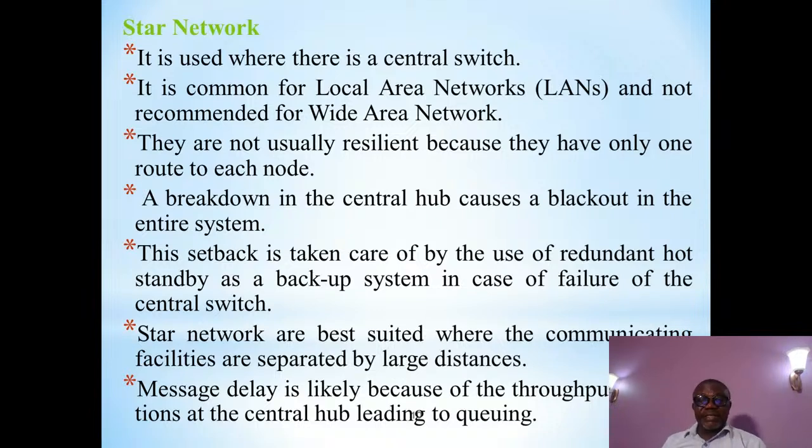Message delay is likely because of the throughput limitations at the central hub, leading to queuing. Now you're having a central hub. Every message from one node to the other must pass through the central hub or central switch.